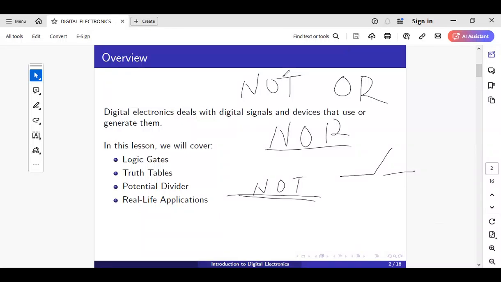So that means that now this one acts as an inverter. It inverts, in this way: the on for the switch means switching off the bulb, and the off for the switch means switching on the bulb.